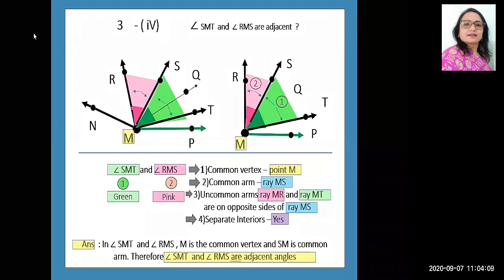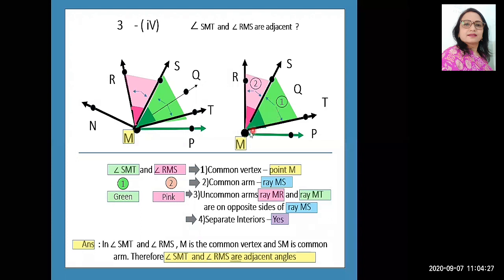So they have separate interiors. See here, angle 2's interior is this and angle 1's interior is this.